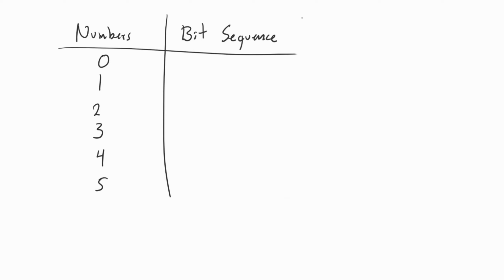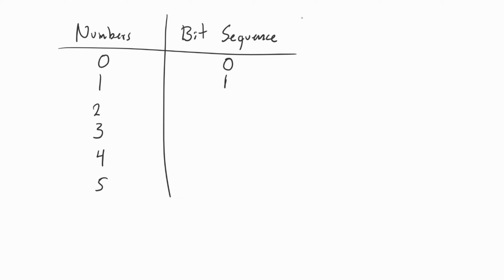So now, what is 0 represented in bits? Well, we already use 0. It wouldn't make sense to use 0 as something else. So 0 is going to remain 0. 1, well, same logic. 1 will remain 1. 2, however, you can no longer repeat a 0 or a 1 to represent 2. Otherwise, we wouldn't know whether it's a 2 or anything else.